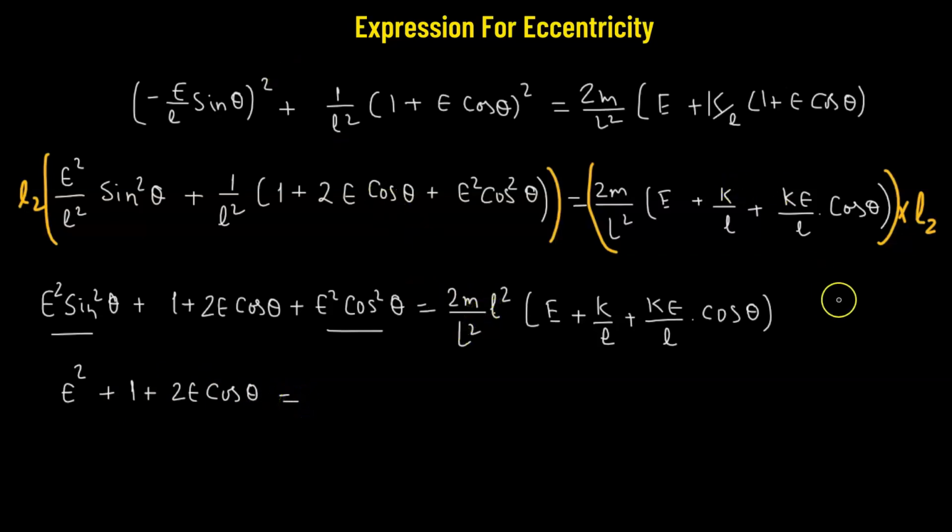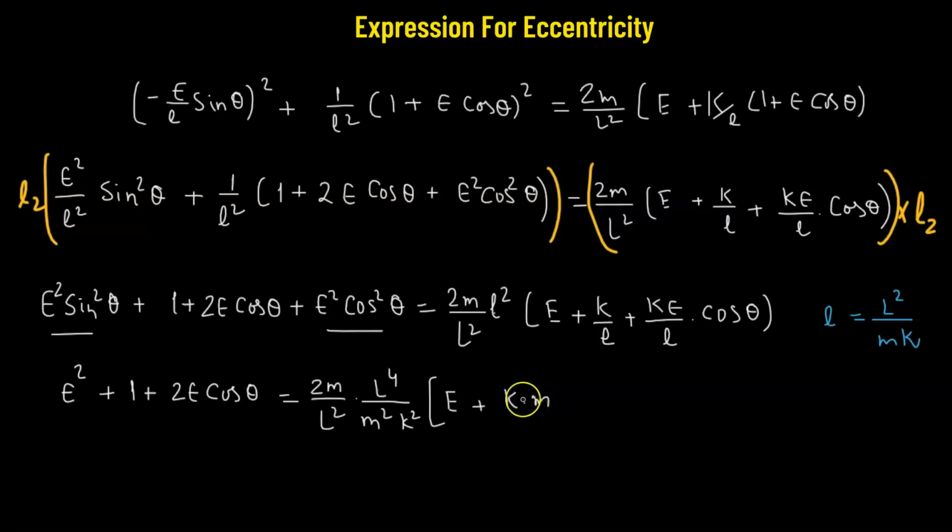Now recall that we defined the parameter L as L squared over mk. So we will substitute L in all the terms that have L on the right hand side. So we will get 2m over L squared. So we had small l squared, so that will be L raised to the power of 4 divided by m squared k squared multiplied to E plus we have k over L, so that will be k times m k squared divided by L squared.